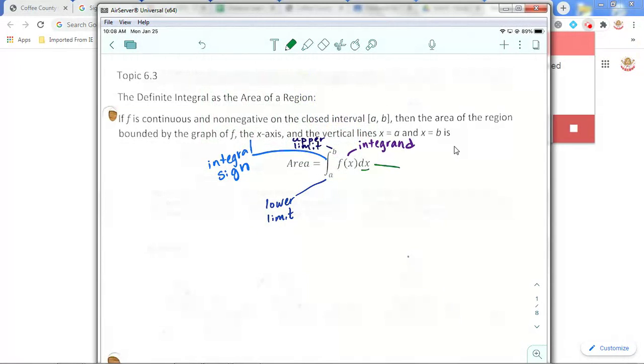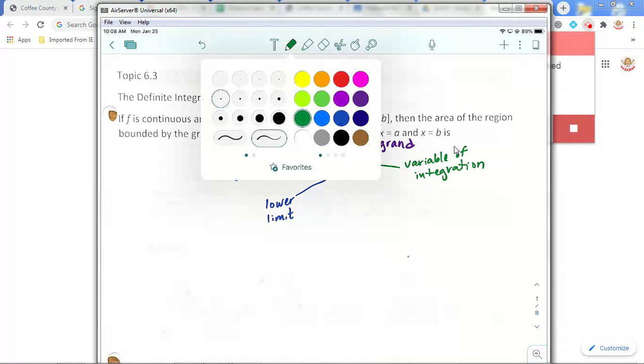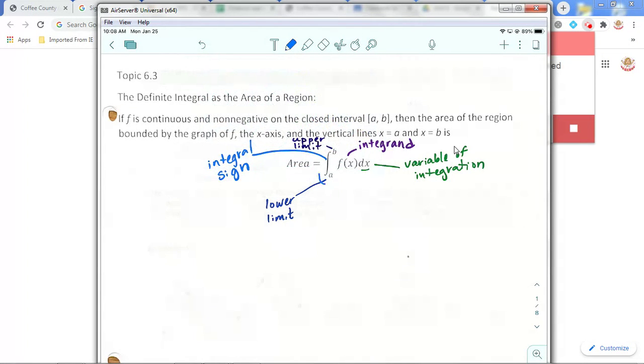X is the variable of integration. And then you would read this whole thing as the integral of f from A to B.